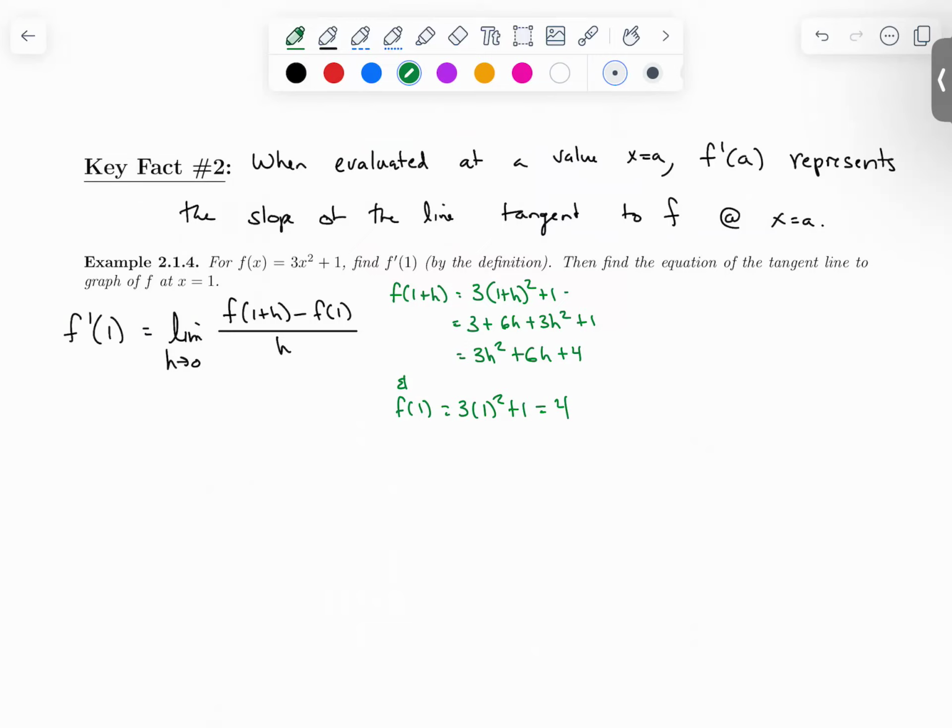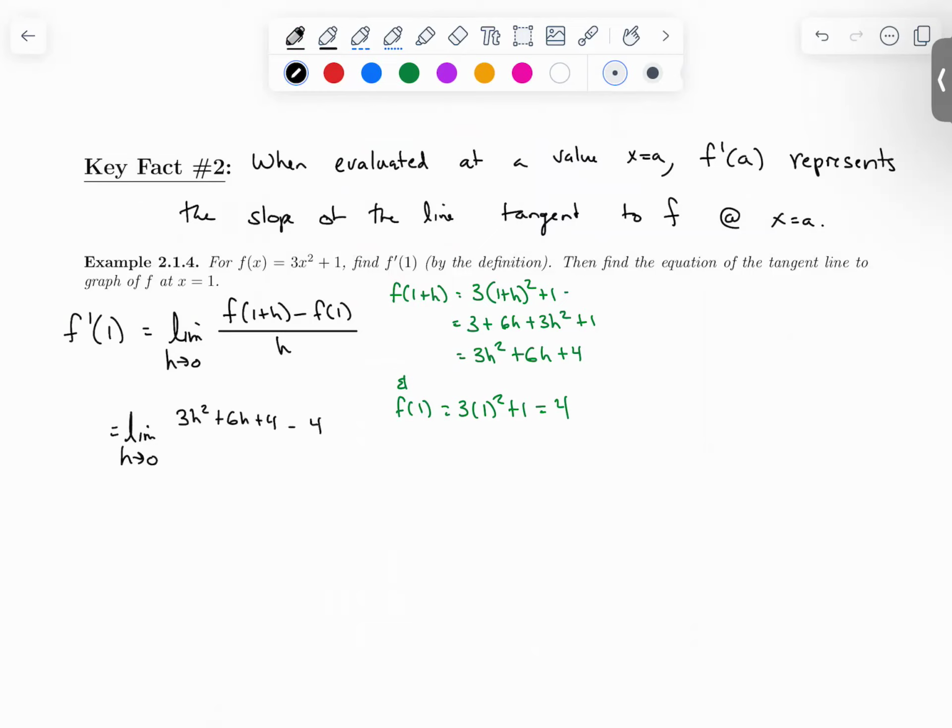I encourage you, by the way, to do it the other way, using the other definition of the derivative, when you've got some spare time, and you'll get the exact same number. You should. If you don't, then you made an error. But anyway, now that we've got f of 1 plus h and f of 1, plug them into the formula, and we'll be golden. This will be the limit as h approaches 0 of 3h squared plus 6h plus 4 minus 4.